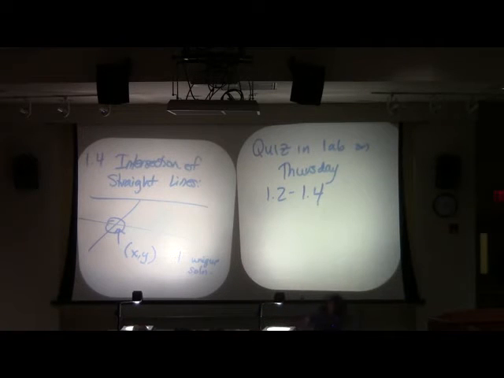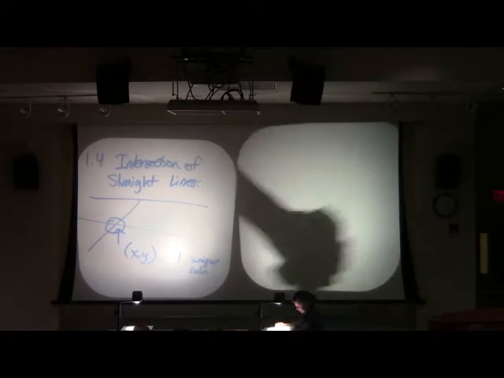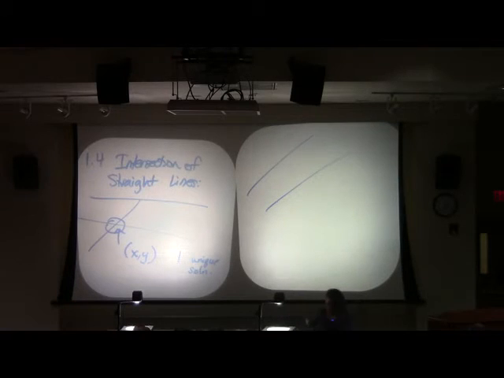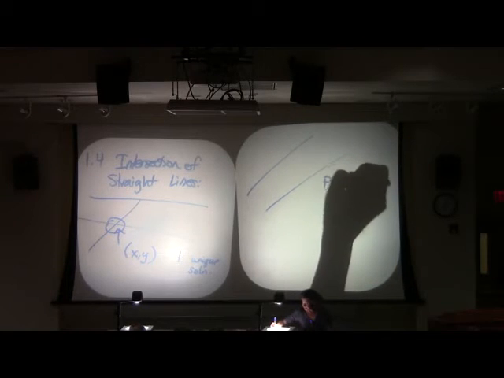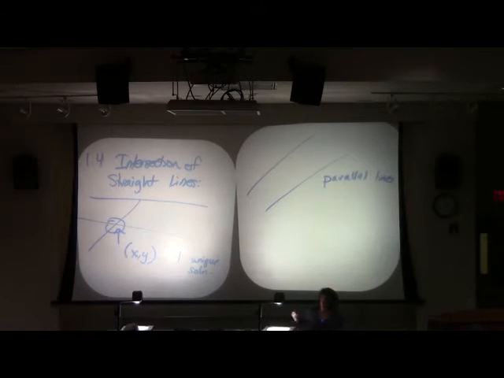We could also have two straight lines that look like that. Those are parallel lines. Do those guys ever intersect? No, these guys don't ever intersect. We're not going to encounter this today, but we will encounter this Wednesday or Friday.